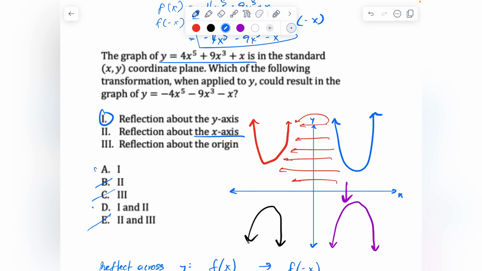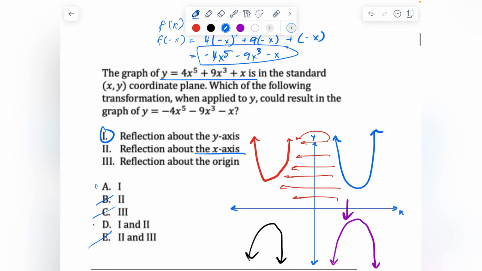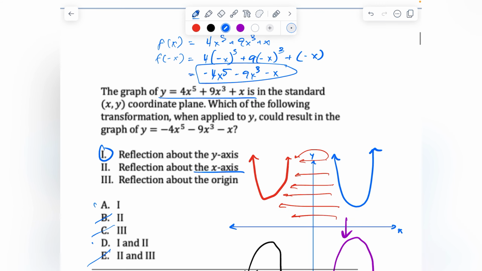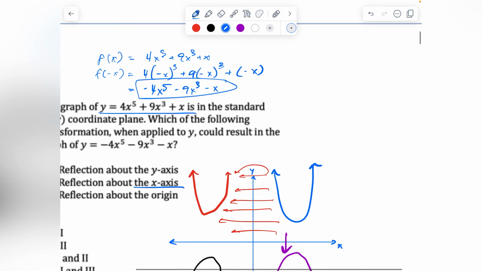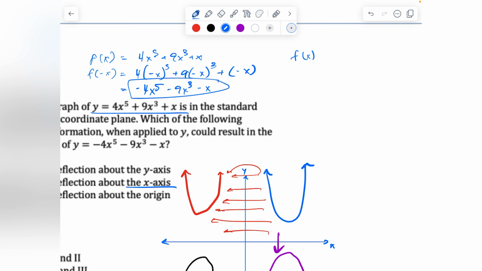Now D is saying reflection about the x-axis. Let's go through and see what that looks like as well. So if I do a reflection about the x-axis, let's just write my starting form: 4x to the fifth plus 9x to the third plus x.